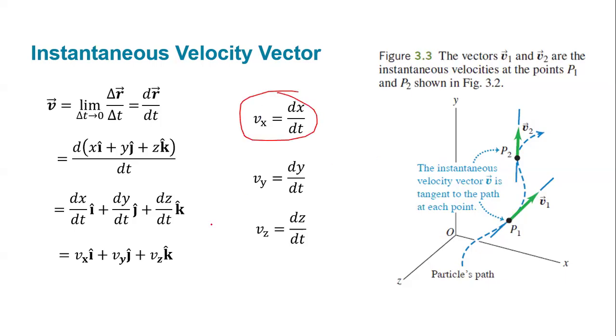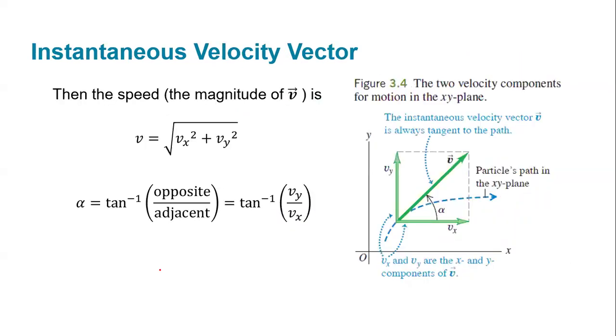This is for one dimension. However, now you have components along x, y, and z. So for example, if you have two velocity components for motion in the xy plane, you can get the magnitude using this formula, and the direction of your velocity.